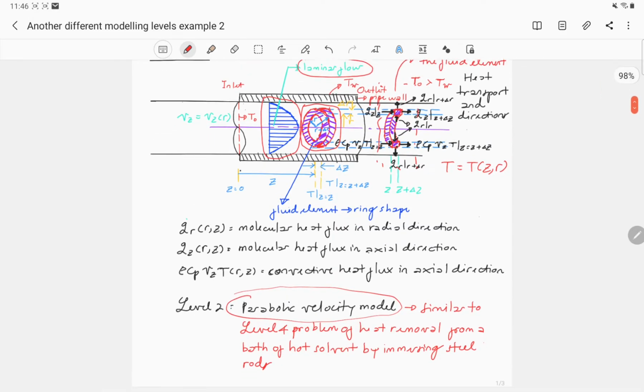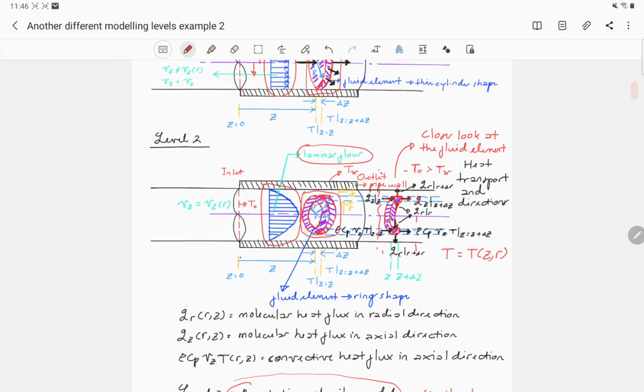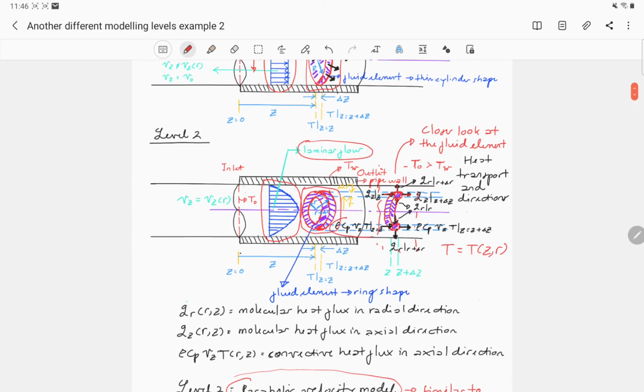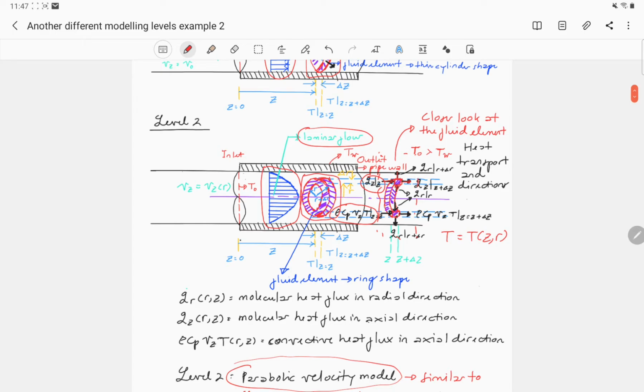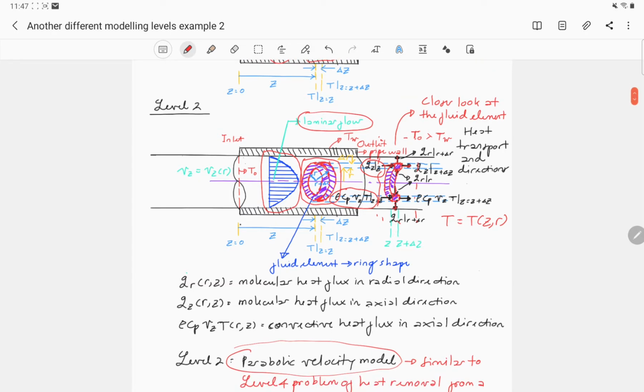We can see that there are different heat transports: heat transport in the r direction, and the heat transport in the axial direction. This one is a convective contribution. This one is the molecular or heat conduction contribution. In the radial direction, we are only dealing with the heat conduction contribution because there is no bulk flow in the radial direction.